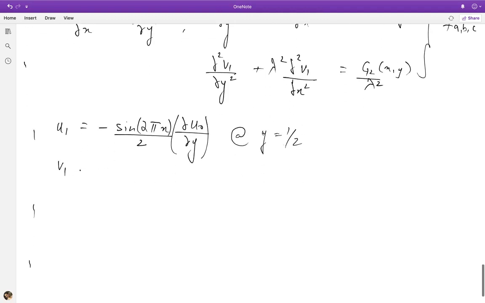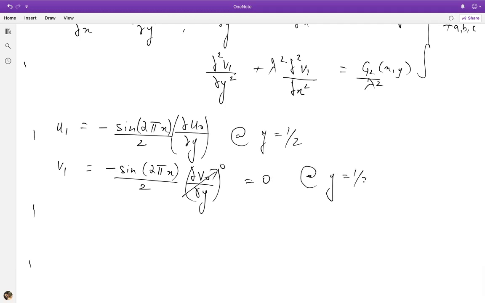Similarly, I'll have an equation for v1, of course, because it has the same boundary condition. Now ∂v0/∂y is 0 because v0 is 0, so we get v1 is equal to 0, again at y equal to half.